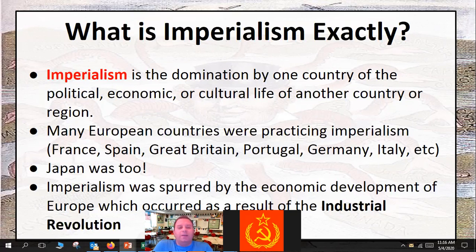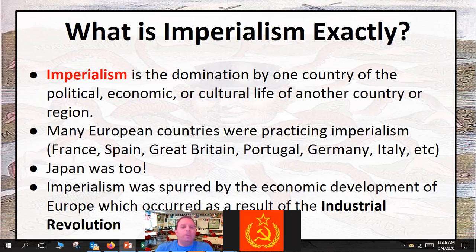Okay, when we talk about settler colonies, the settler colonies certainly controlled the economic and to some extent the political life of the natives, but they didn't really touch on the cultural life. Whereas when you talk about full colonies like the British in North America, you are seeing all three of those areas being touched: political, economic, and cultural.